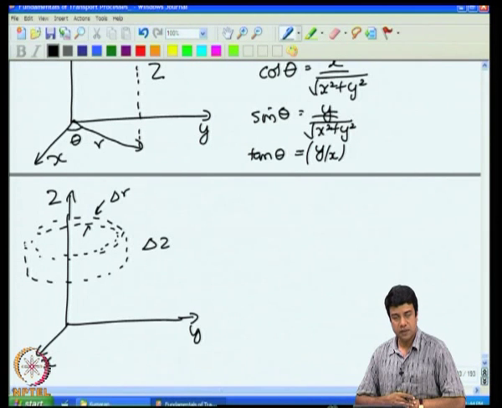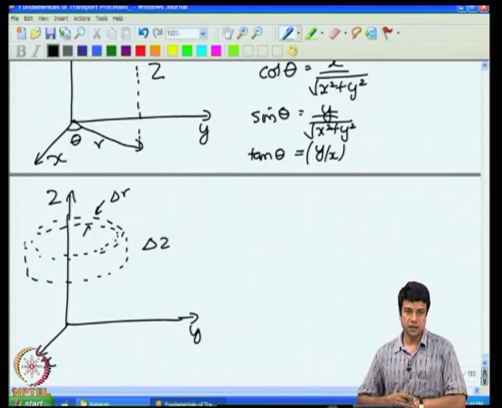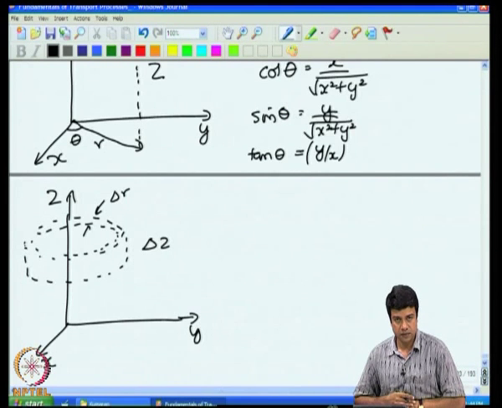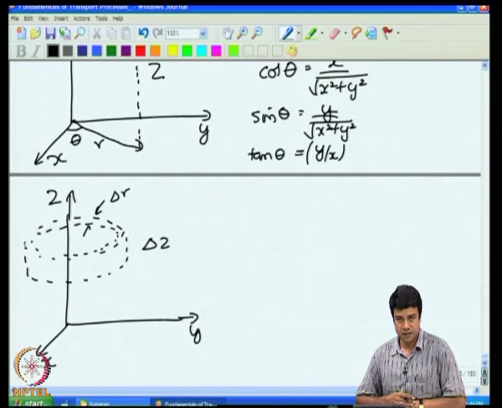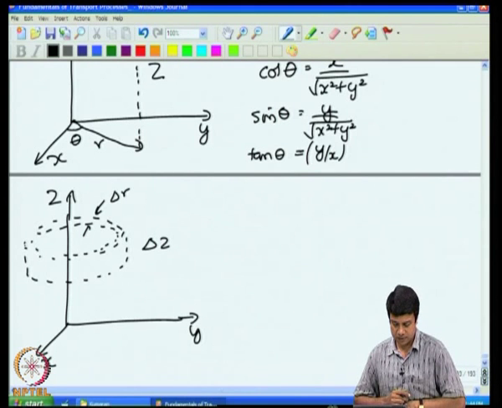So, we have to take a volume bounded by surfaces of constant r at r minus delta r by 2 and r plus delta r by 2, surfaces of constant z at z minus delta z by 2 and z plus delta z by 2, and surfaces of constant theta at theta minus delta theta by 2 and theta plus delta theta by 2.